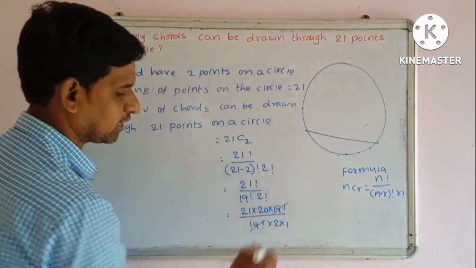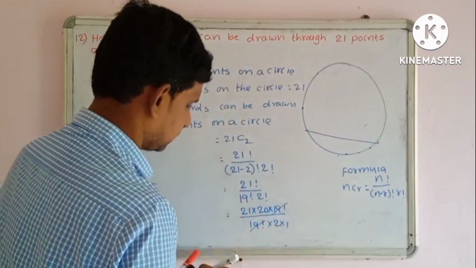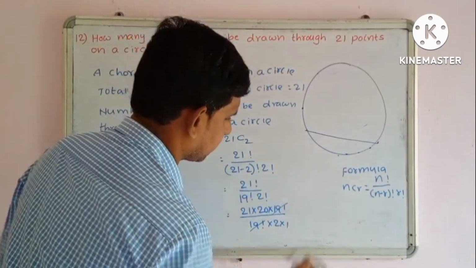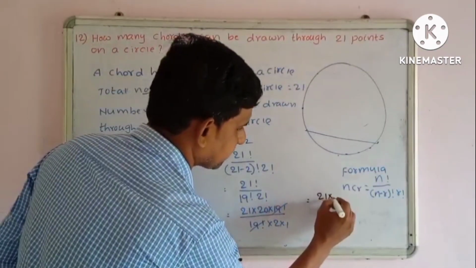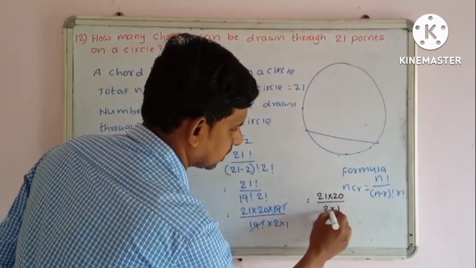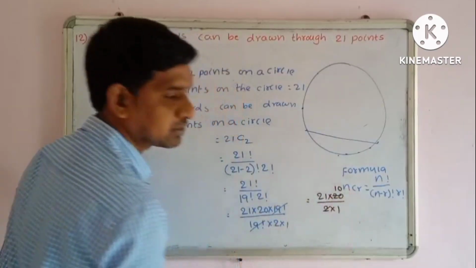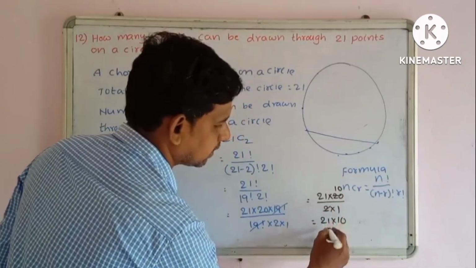So 19 factorial gets cancelled. So 21 into 20 by 2 into 1. 2 into 1, 2 how many times? 10 times. So 21 into 10 by 1.